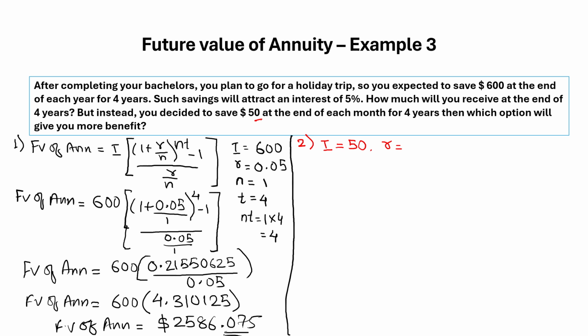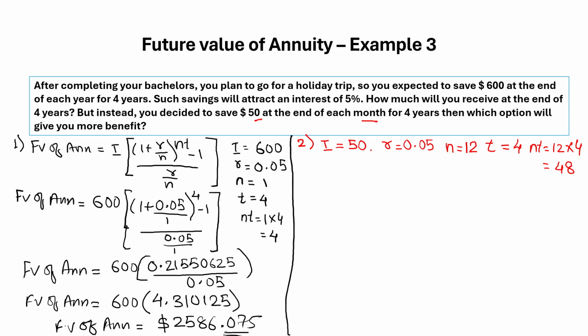Rate of interest is same, 5%, 0.05. Then what is the N? N is, remember here, each month. Month means how many months in a year? 12 months. So N will be 12. T is how much time period again? Time period is 4. So my NT will be 12 multiplied by 4. So my NT will be 48.